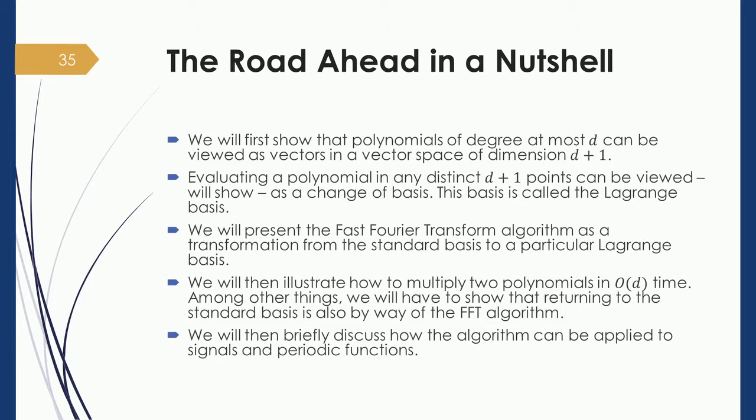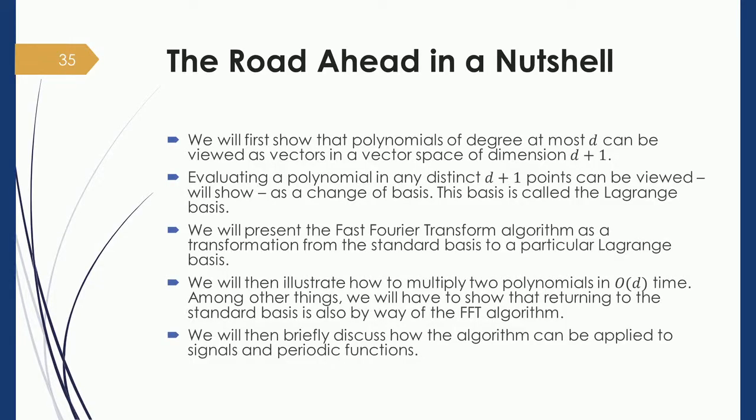So, now we take two polynomials evaluated into the appropriate Lagrange basis. Now, we have these two polynomials represented based on their evaluations at d plus 1 points. So, if we want to multiply them, all we really need to do is multiply them pointwise, and we will get the product polynomial in O of d time.